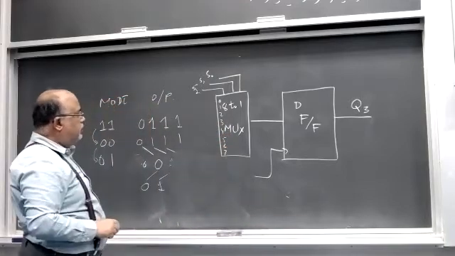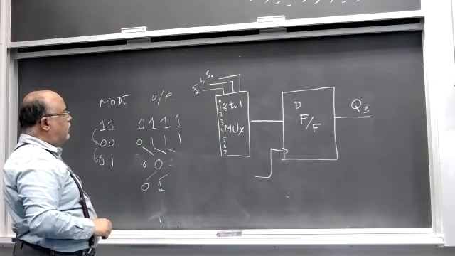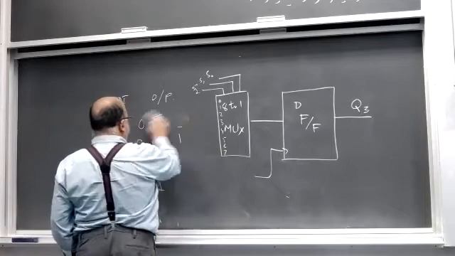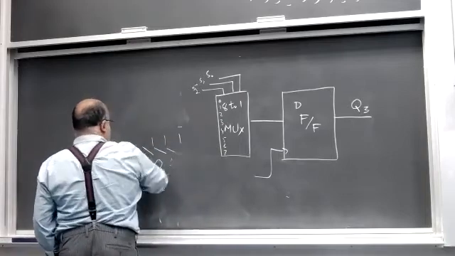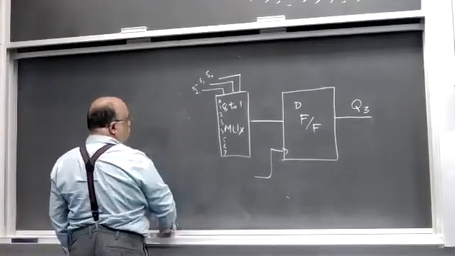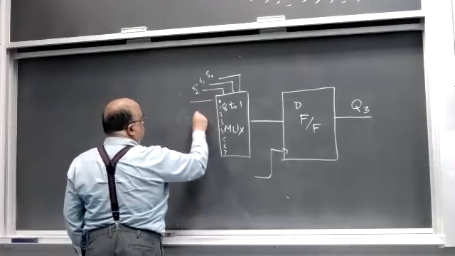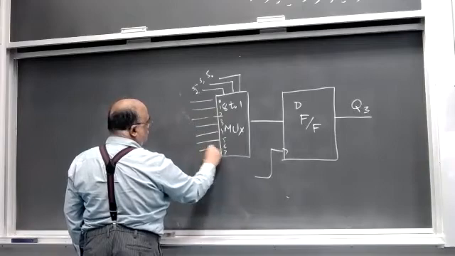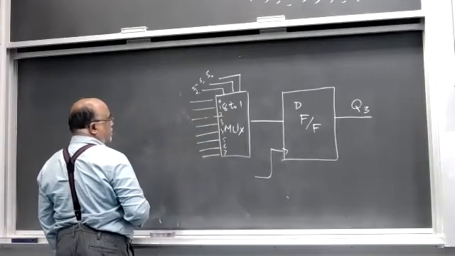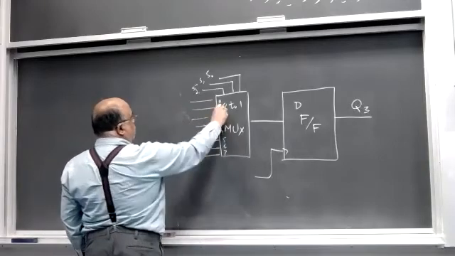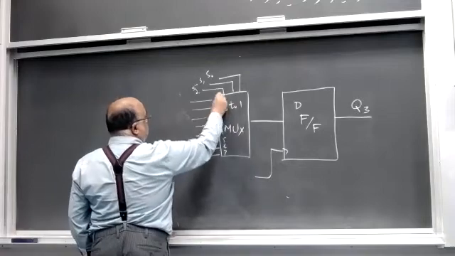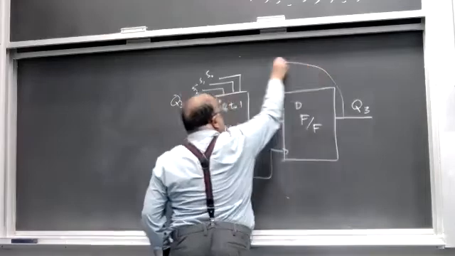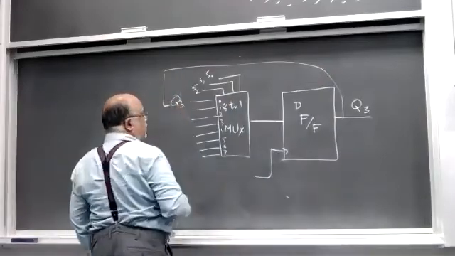Now with having an 8 to 1 multiplexer, we can actually do something even more amazing with this shift register. When these are 0, 0, 0, select line 0, we say that we collect Q3 here back, so that there is no change.